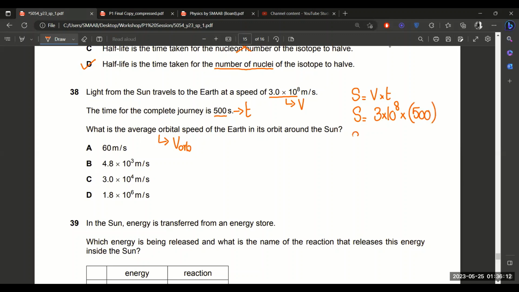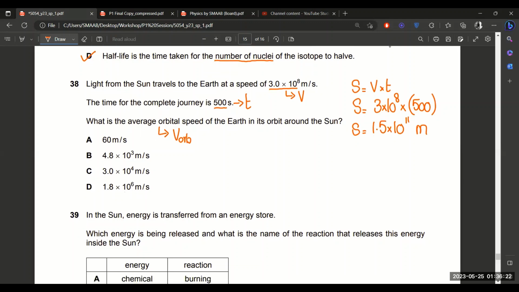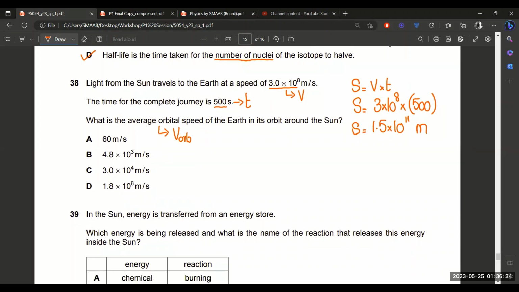So you will get the distance equal to 1.5 × 10^11 meters. And now the formula for orbital speed will be equal to 2πr over t.